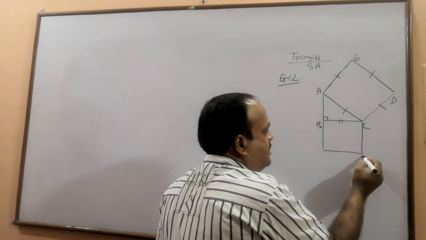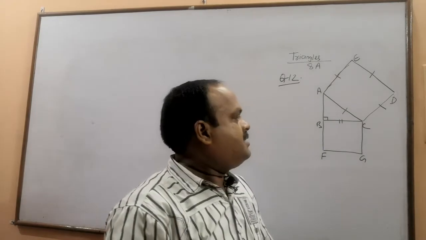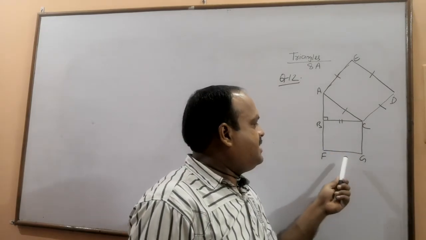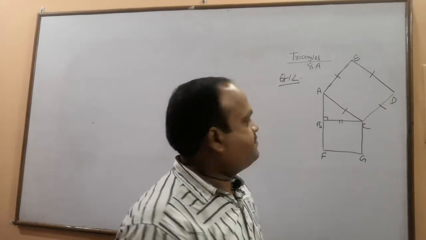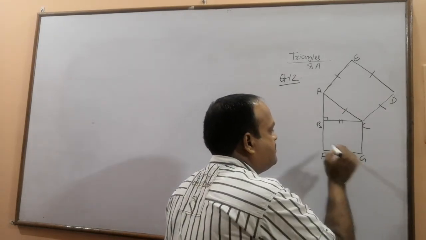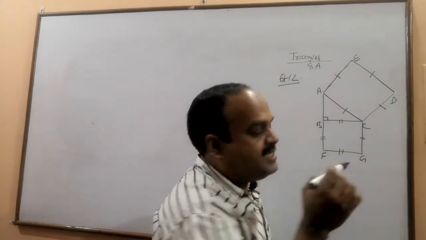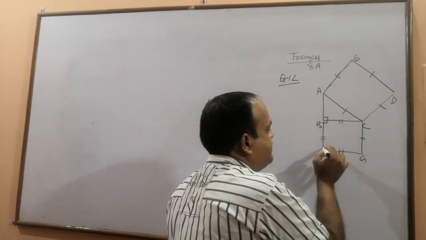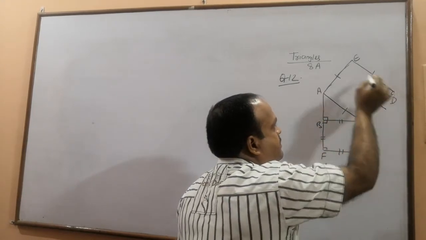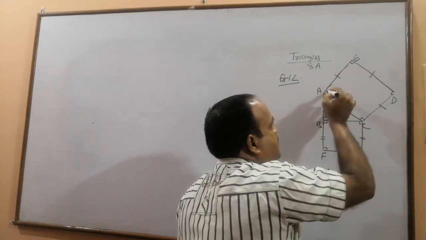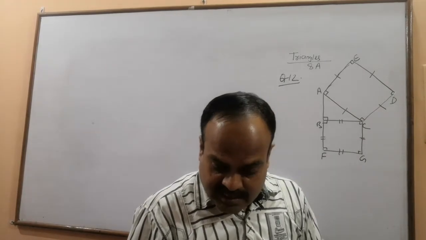BC, CG, GF, BF all are equal. And each angle of the square is 90. What is the further information?